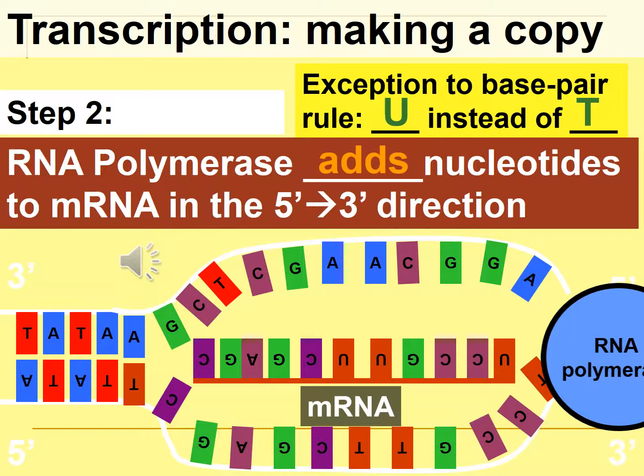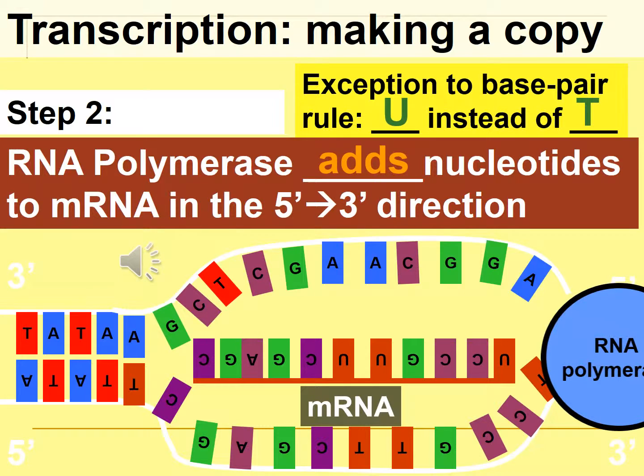So you will see here that the DNA says G, the RNA polymerase puts down a C. The DNA says C, the RNA polymerase puts G. The DNA says T, the RNA polymerase puts A. The DNA says C next, the RNA polymerase puts G, and so on.